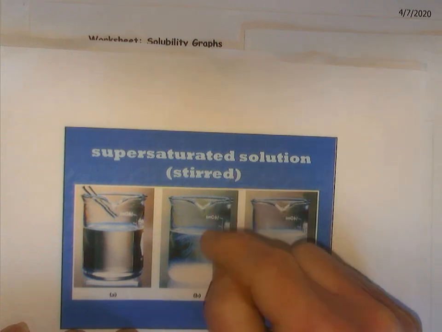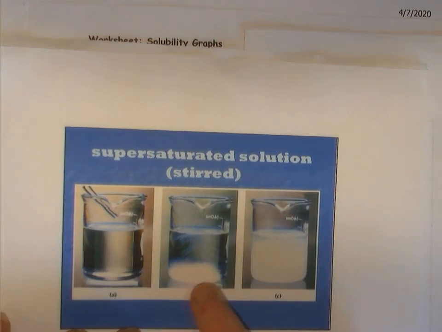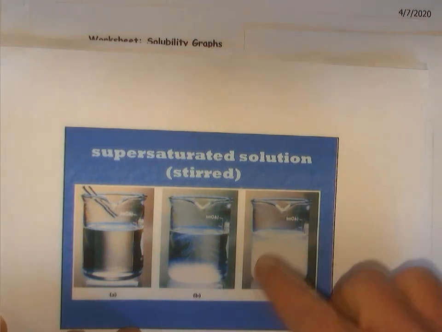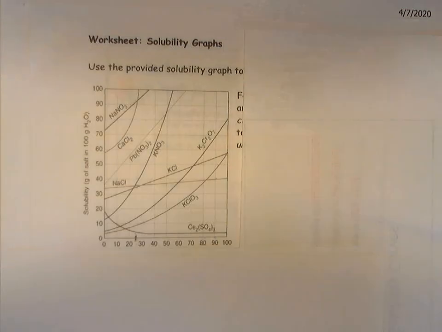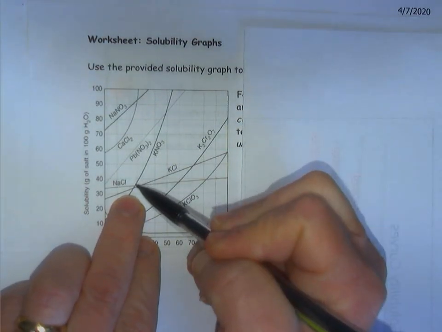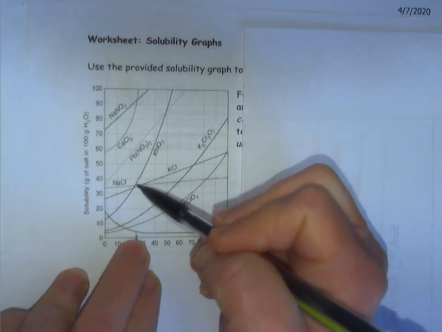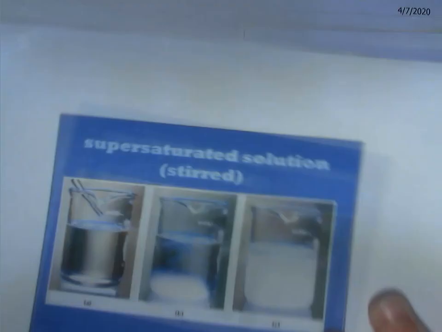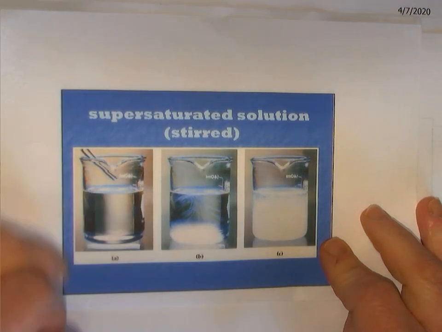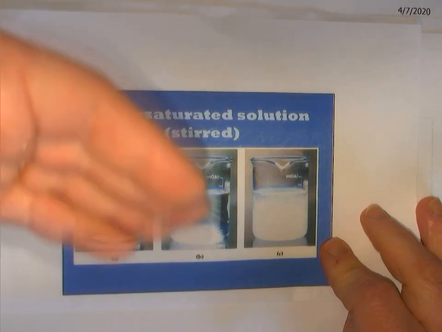Sometimes adding some crystals of undissolved solute will cause a chain reaction of all the extra solute that we encouraged to stay dissolved. It'll come out of solution to just give a saturated solution at that temperature. So supersaturated solutions are not that stable and can often be disturbed, and the excess comes out of solution.